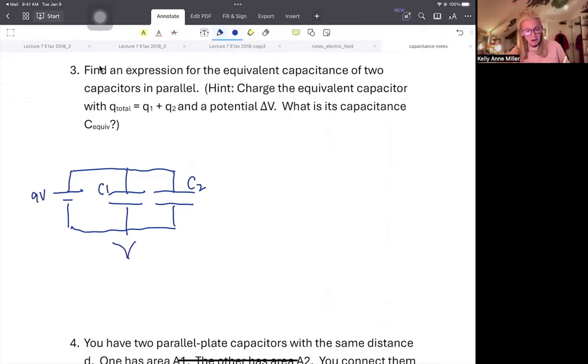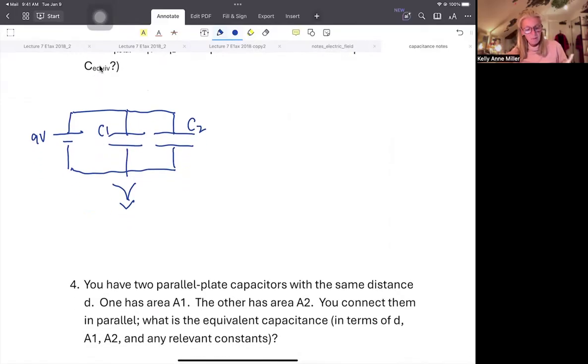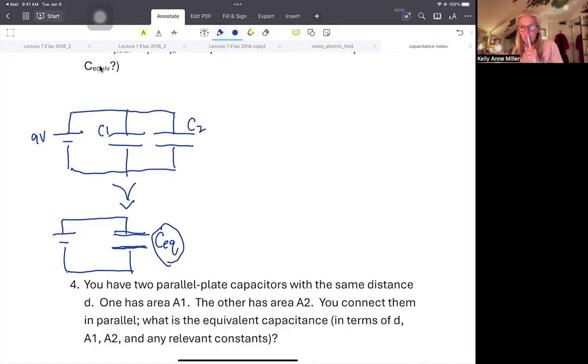I basically want to reduce these two capacitors down to a single capacitor, and figure out how I could add them together. What mathematical operation do I need to apply in order to get an equivalent? So this is what we're going to call an equivalent capacitance. This would be combining C1 and C2 into some equivalent capacitance. Okay, so the question is, how would we do that?